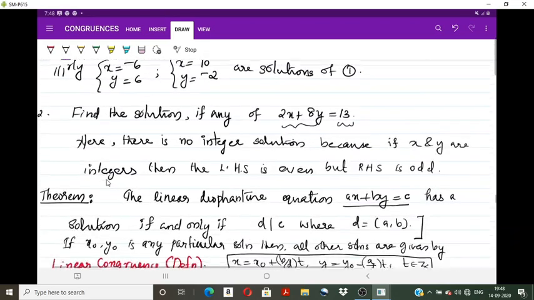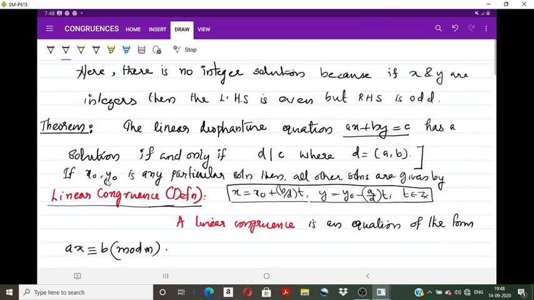The linear Diophantine equation is solvable if and only if d divides c, and if x naught and y naught are any particular solution, then other solutions are given by x equal to x naught plus b by d into t, y equal to y naught minus a by d into t, where t belongs to Z.